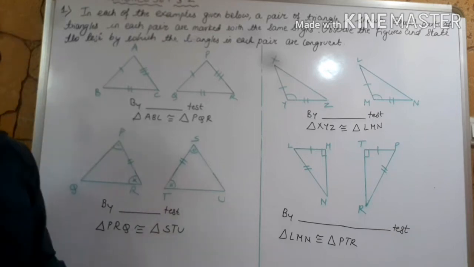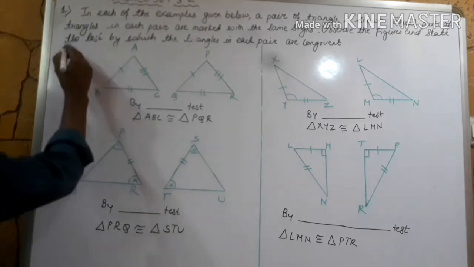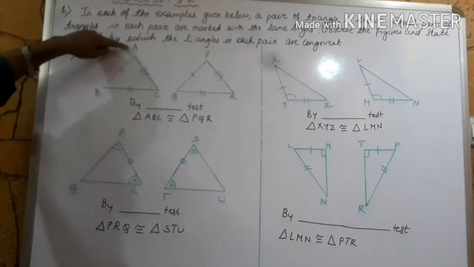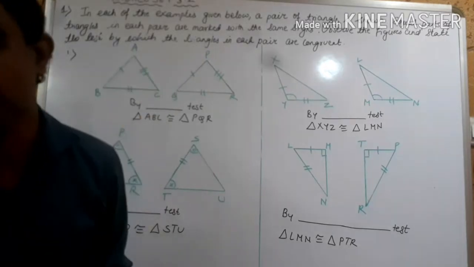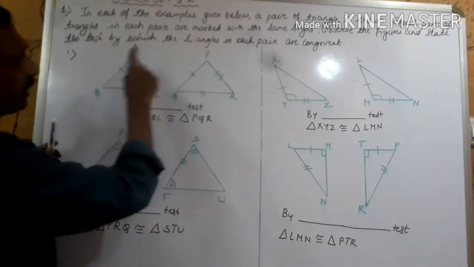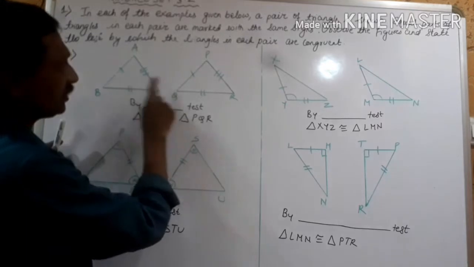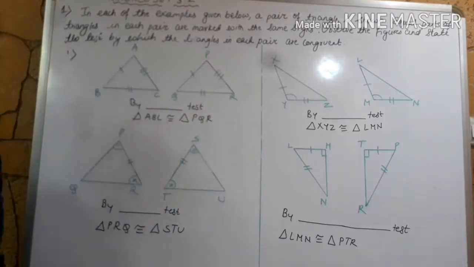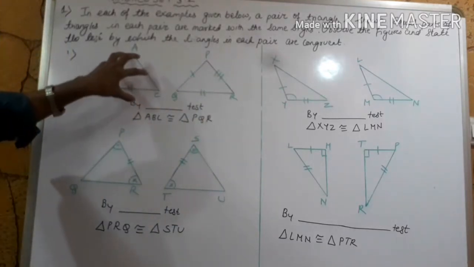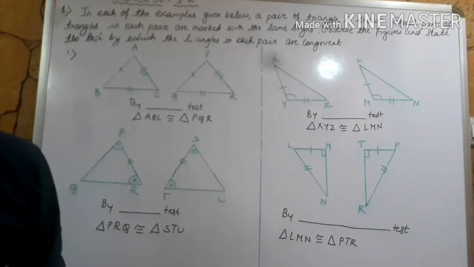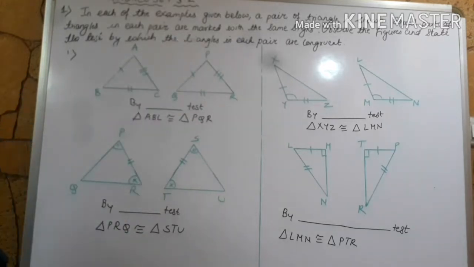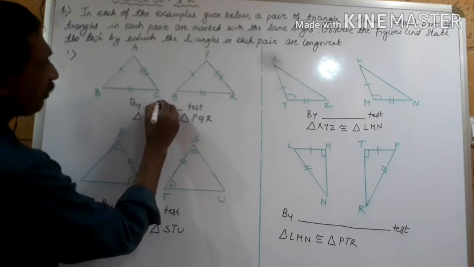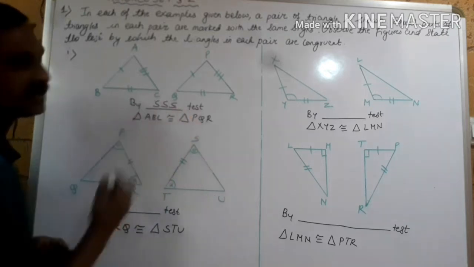We have triangle ABC and triangle PQR. This is congruent to this, this is congruent to this, this is congruent to this. That means the three sides of one triangle are congruent to three sides of the other triangle. Then we say that it is congruent by SSS test.